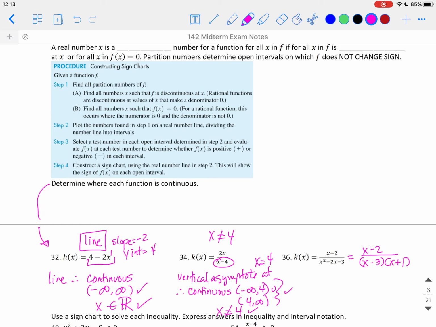So if we notice, the factors are not the same in the numerator and the denominator, so we can't simplify anything out and technically we don't have any open circles. So we know that we have vertical asymptotes at x equal to 3 and x equal to negative 1.